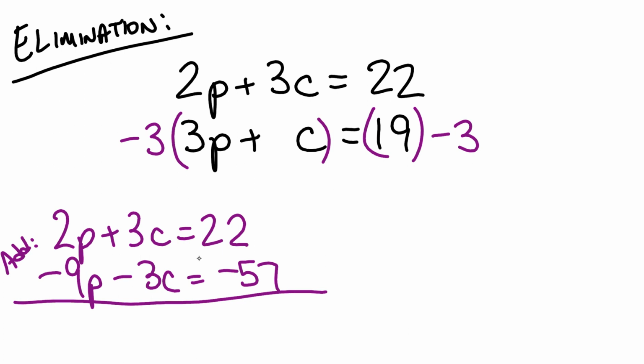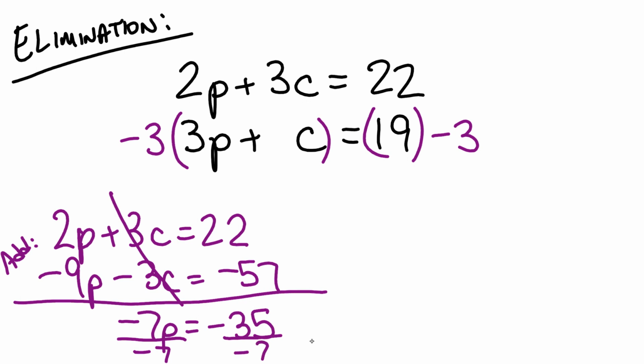Because if these things are equal and these things are equal, then adding them together maintains the equality, except that no more c's. Instead, we have 2p minus 9p, that's -7p, and 22 minus 57, that's -35. And so we can divide by -7, divide by -7, and figure out that a popcorn is $5.